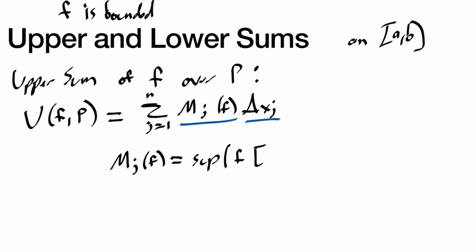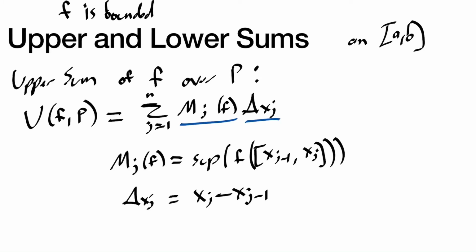It's the sup of f over the interval xj minus 1 to xj, so it's just the largest f value in that interval, and our delta xj is just going to be xj minus xj minus 1.